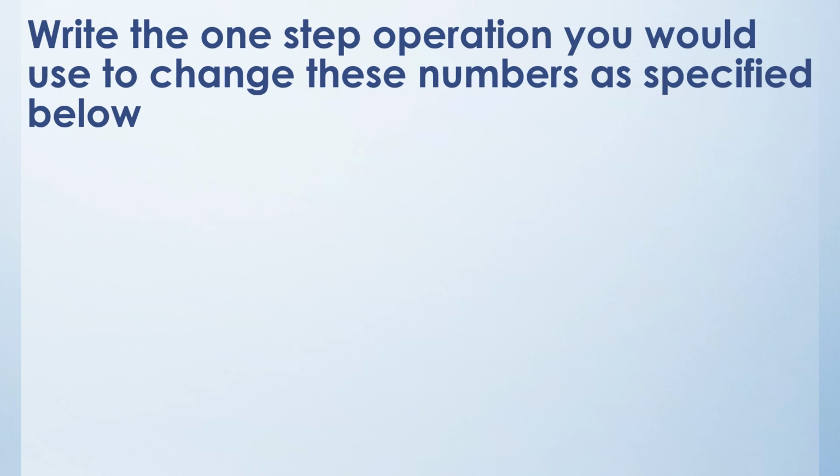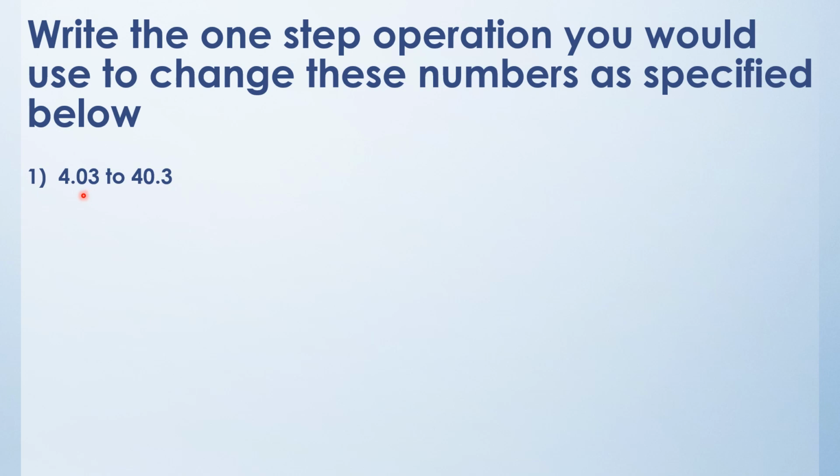Write the one-step operation you would use to change these numbers as specified below. For example, 4.03 to 40.3. The question is: what do we need to multiply 4.03 by so that we will get the product 40.3? So just observe the decimal points. In this number 4.03 decimal places are 2, but in the product the decimal place is just 1. It means all digits are the same, but the decimal point moves.